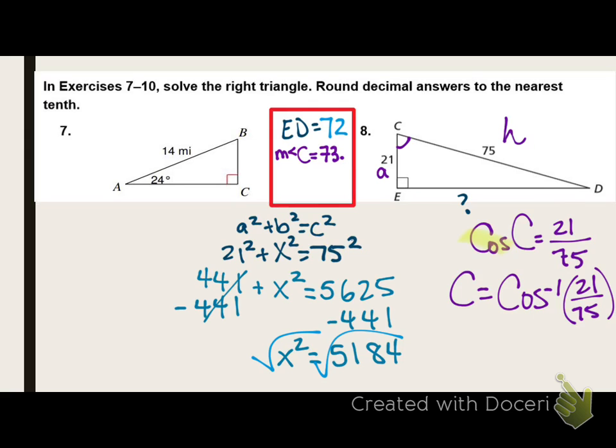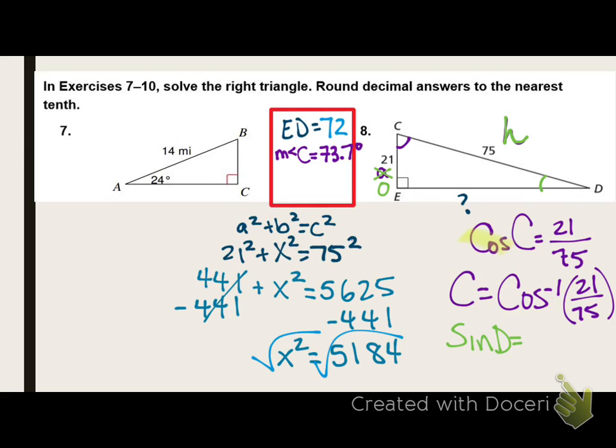Did anybody else type it in? Okay. All right, and then for angle D, what kind of side is 21? And then is the hypotenuse going to change? No. So which trig ratio would we use there? Sine.